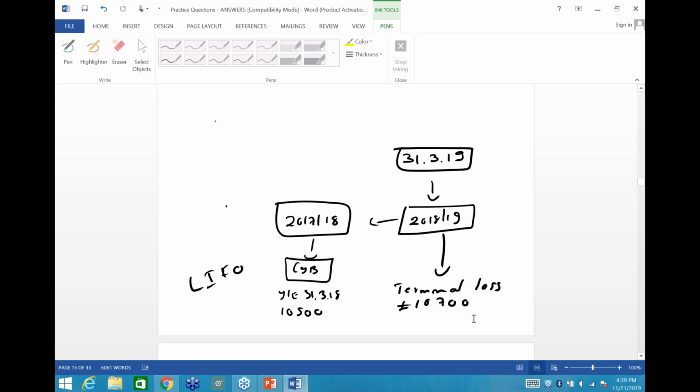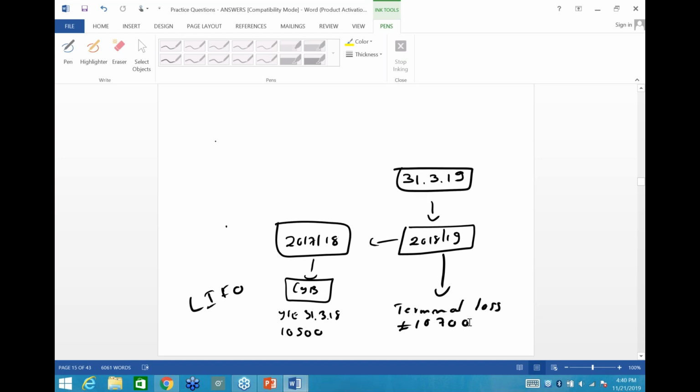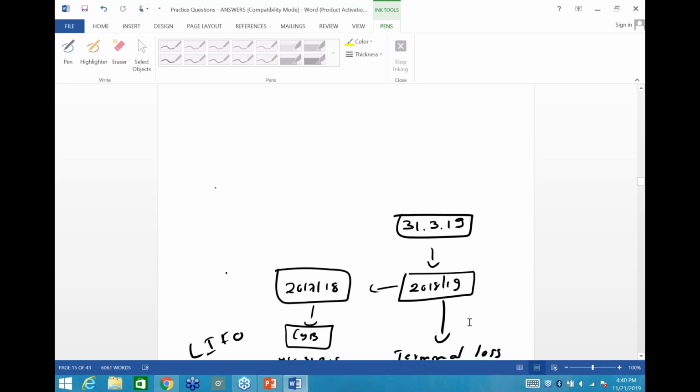There's a loss of 10,700. So what I should do here is, this terminal loss I can carry back 3 tax years. So terminal loss first against current year, that is 2018-19.